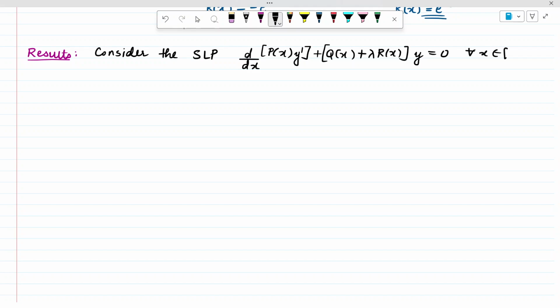This is true in some interval a comma b, where p x, q x, r x are continuous functions.